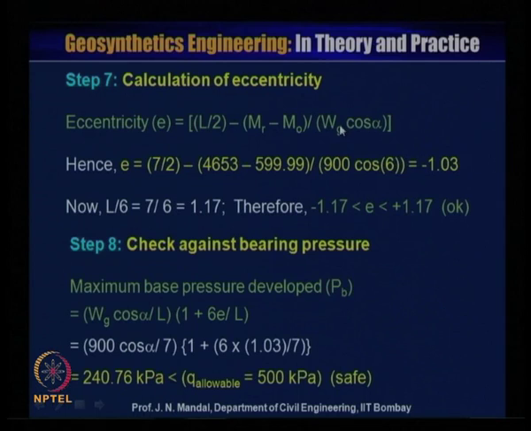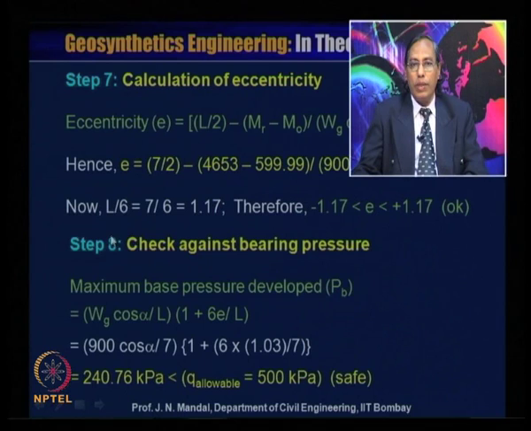This divided by Wg is 900 and cos of alpha is cos 6. So, this will give the eccentricity E value minus 1.03. So, now you look L by 6 value, 7 by 6 is equal to 1.17. Therefore, E should be greater than minus 1.17 and less than plus 1.17. So, that is why it is okay.